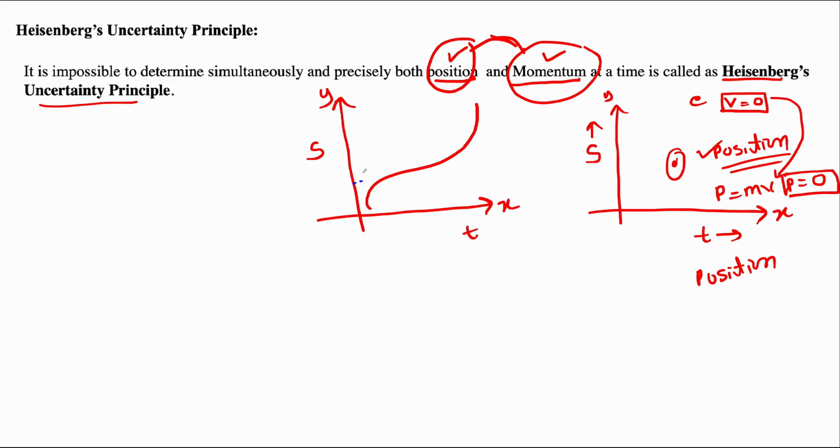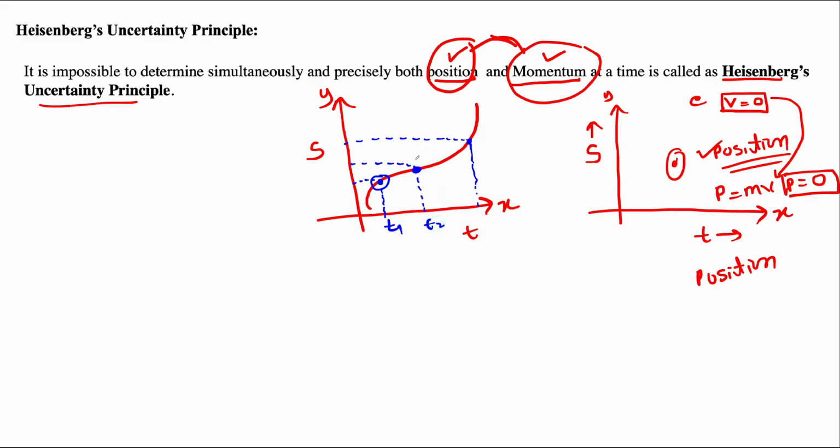Now this is one point, this is another point, and this one is the third point. That means at t1 time, the position of the particle is here.